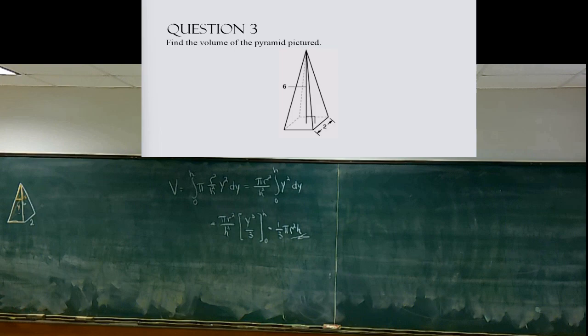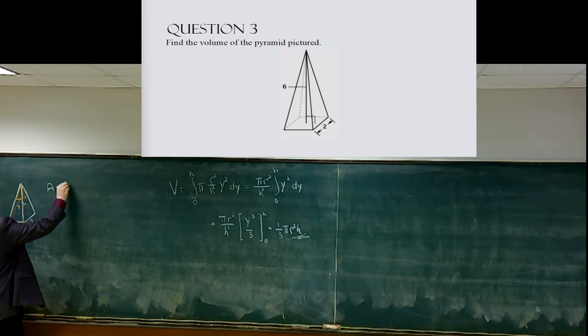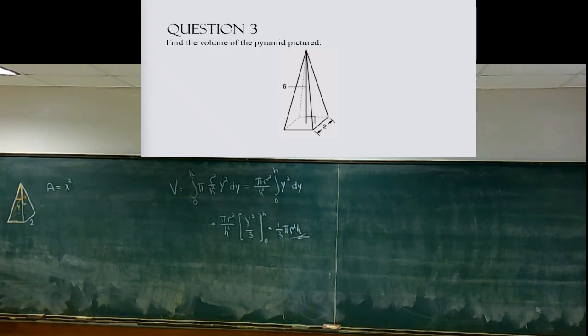Similar triangles. The area of that square is going to be what? x squared, right? We need to write x in terms of y, because x, that length, depends on the height at which we take the cross section. So it depends on y.